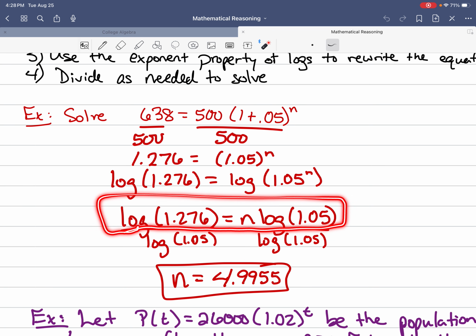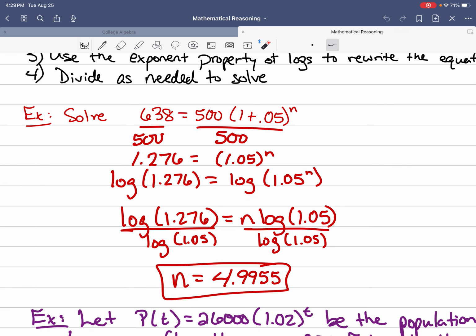Log of 1.276 equals n times log 1.05. We are solving for n, so like you've done in all of algebra before, you're going to divide in order to get n by itself. That has you doing log 1.276, make sure to close the parenthesis, divided by log 1.05. You throw that in your calculator, and you should get n equals 4.9955.